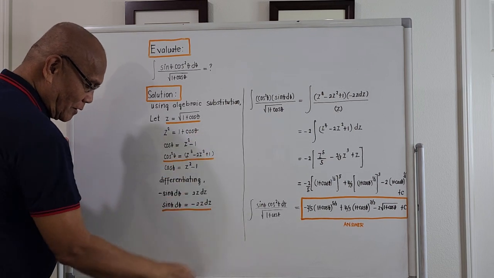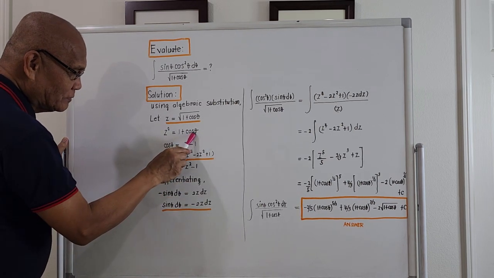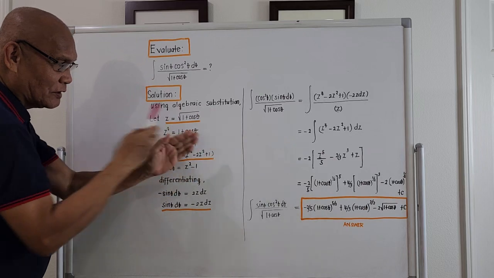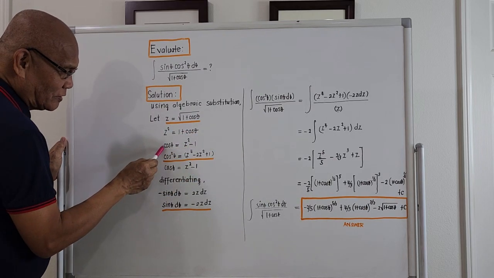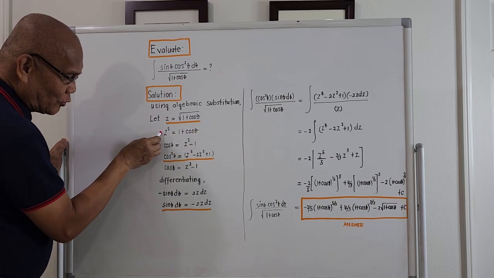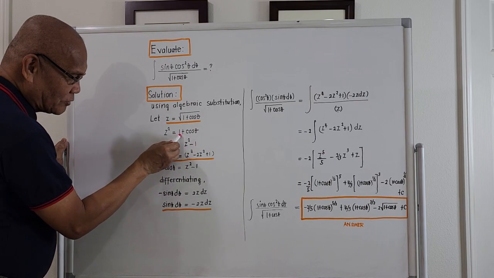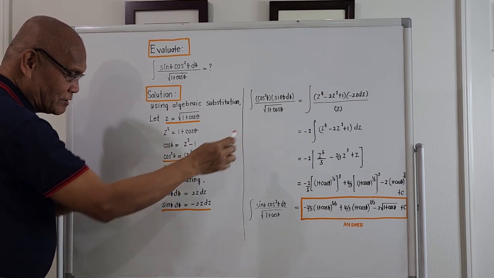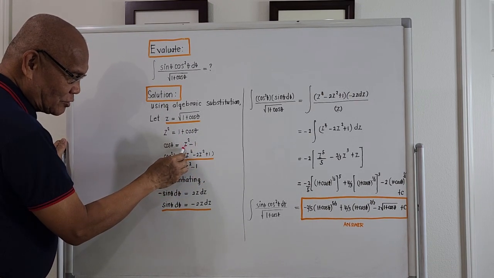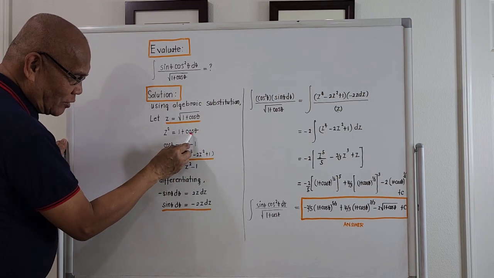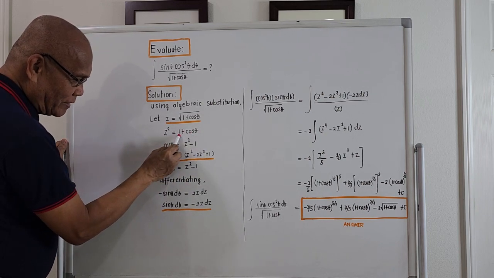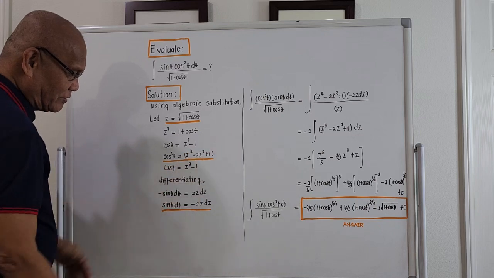Solving for cosine of theta, I will place it on the left, so cosine of theta will be z squared. I will transpose this to the left, then rearrange, so it will become z squared minus 1. Meaning cosine of theta will be z squared minus 1. We just rearrange, right?